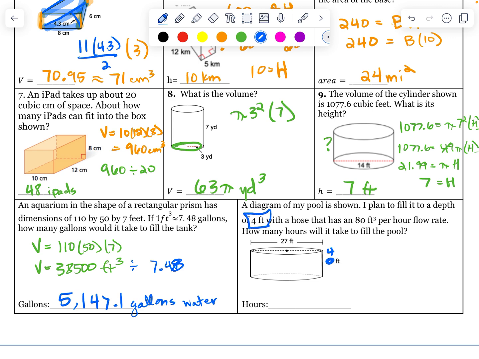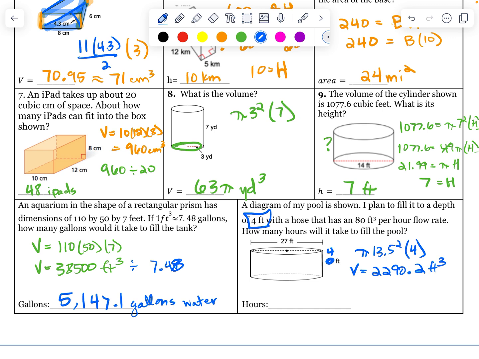So let's do half of 27 is 13.5. Pi 13.5 squared times 4. And I'm going to go ahead and change this to decimal form. So my volume is 229.02. All right, so that's how many cubic feet I need of water.